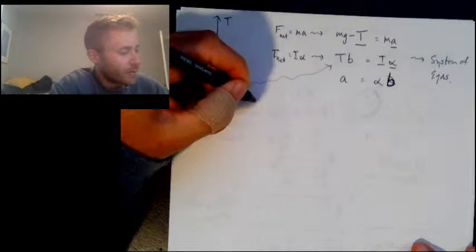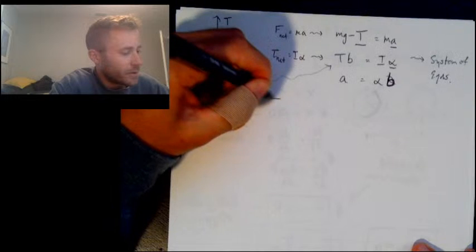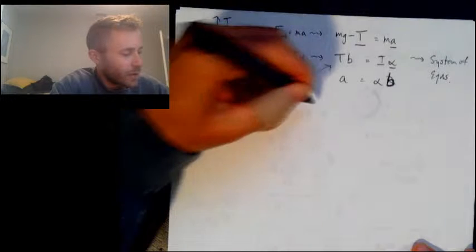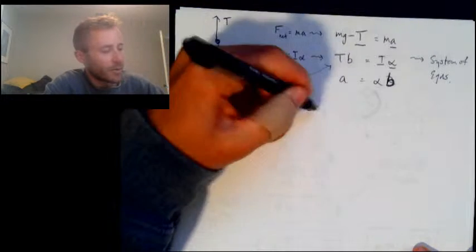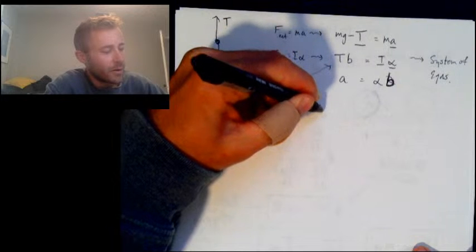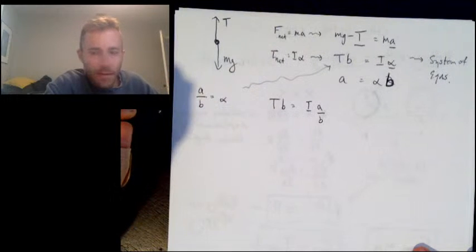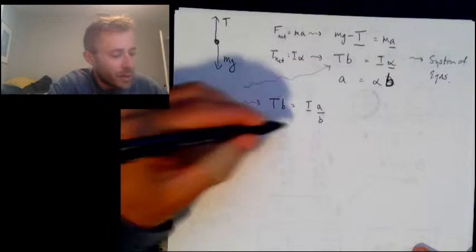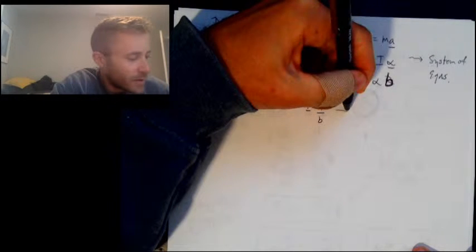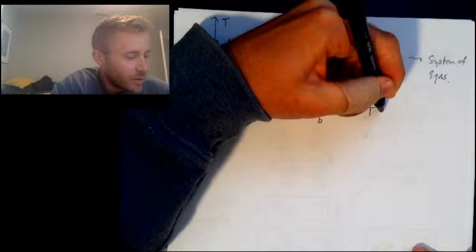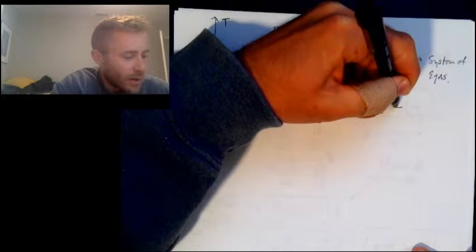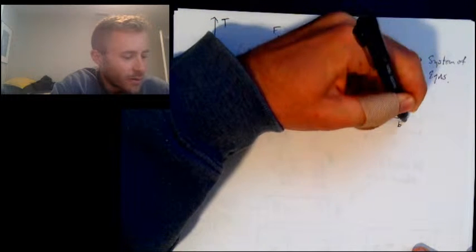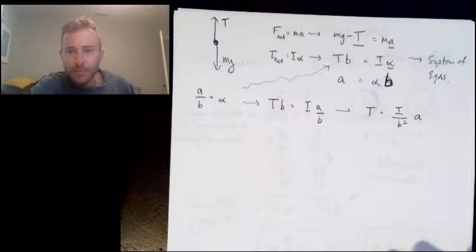So I have T times b equals I times, and instead of alpha, I'm going to write A over b. And then I'm going to divide both sides by b so that I get tension equals I over b squared times the acceleration.